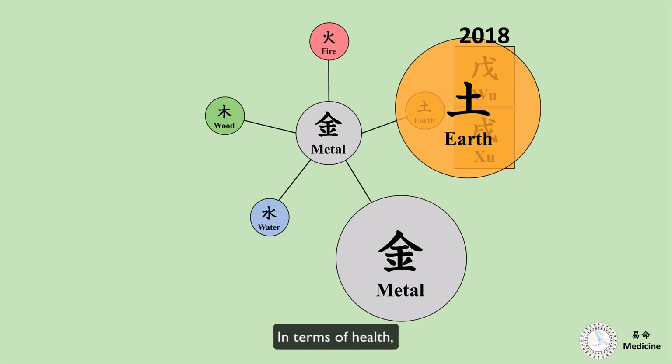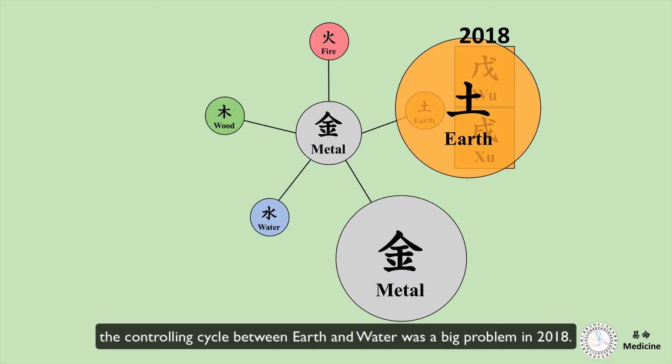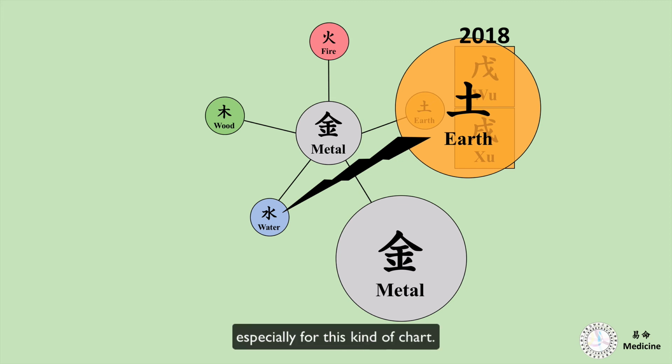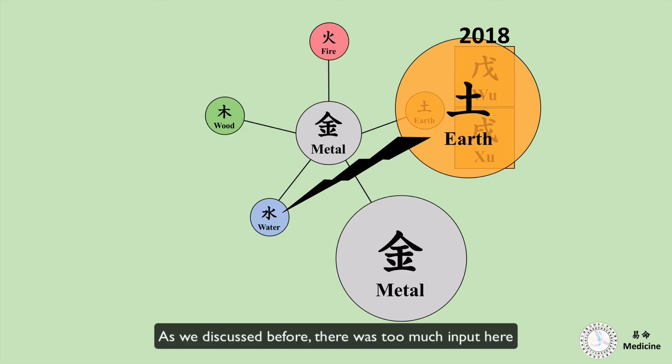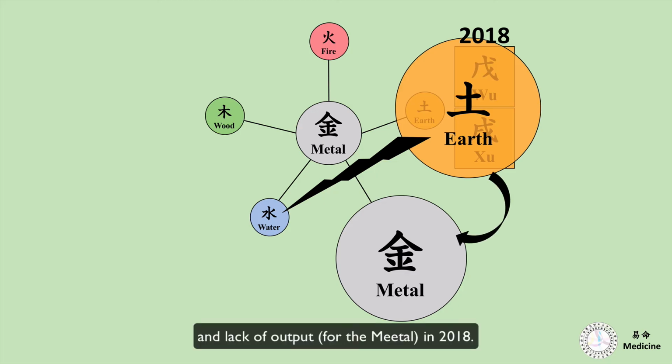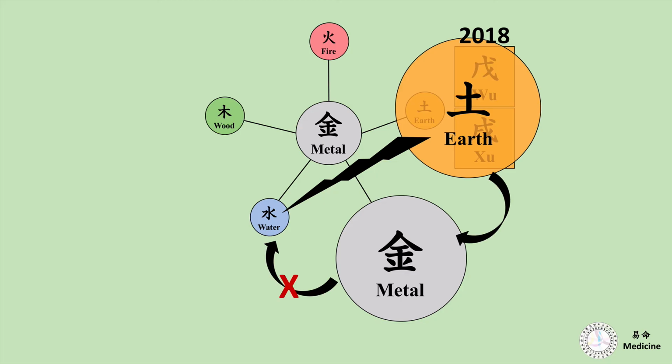In terms of health, the controlling cycle between earth and water was a big problem in 2018, especially for this kind of chart, like strong metal. As we discussed before, there was too much input here and lack of output in 2018.